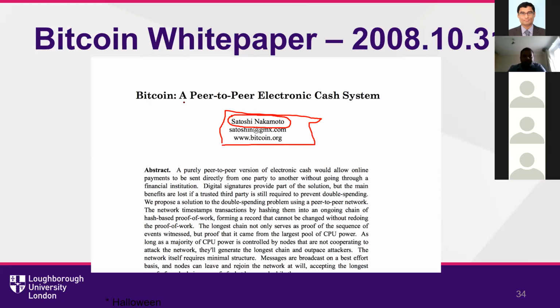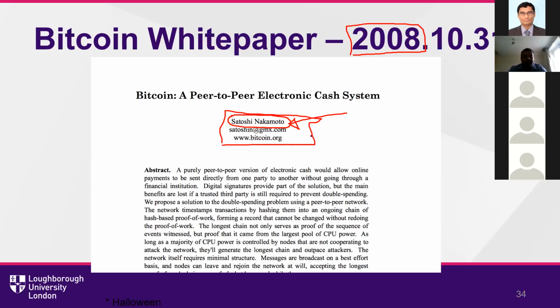It's called a P2P electronic cash system. Nobody knows who this guy is, and in 2008, as you will see in the next slide, nobody cared about Bitcoin. But he was still helping other people who were asking questions. He helped people for 3 months.